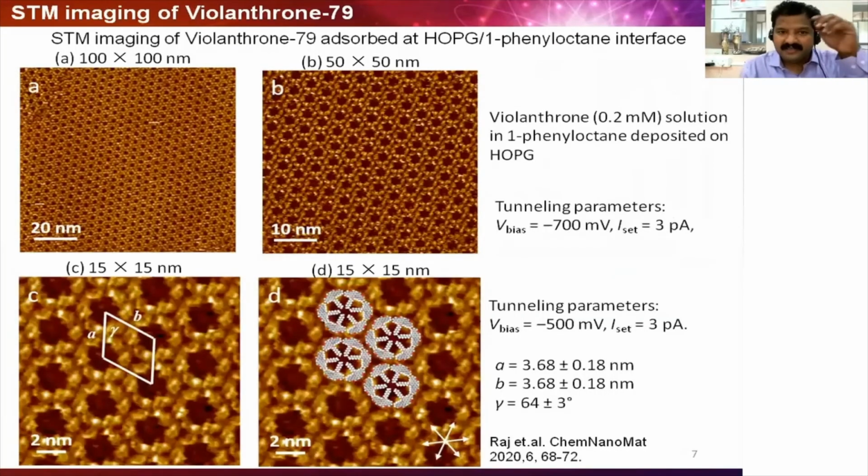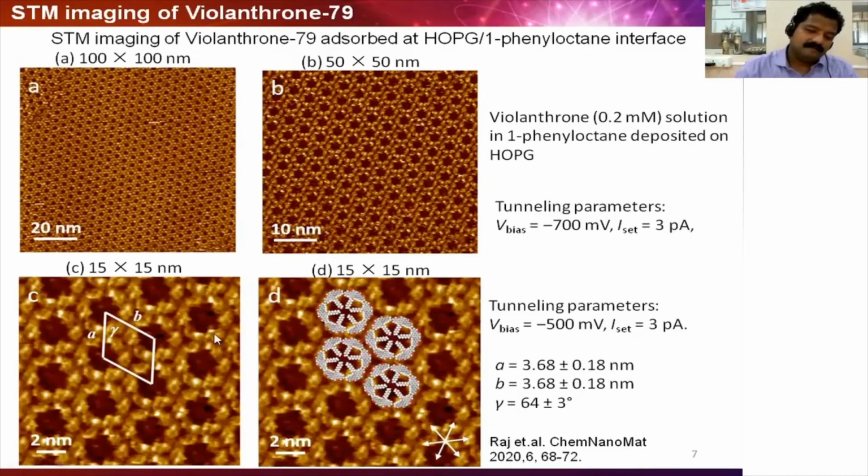in the violentron case, in the 2D imaging in the STM, the interaction here is guided by the epitaxial interactions of the alkyl chains of this violentron to the orientation of the carbon atoms in the HOPG surface. So this is what it is in figure D. The arrow here, the arrow at the top and bottom, is representing the orientation of carbon, the epitaxial arrangement of carbon atoms on the surface.